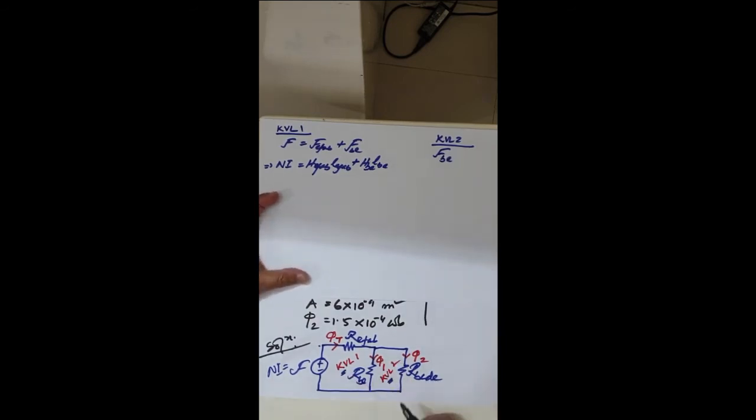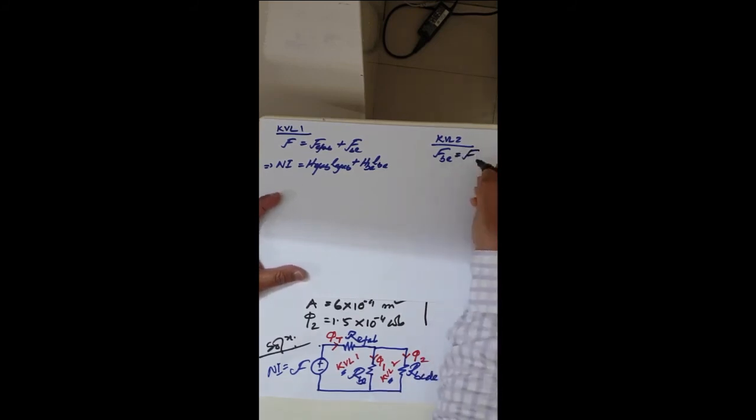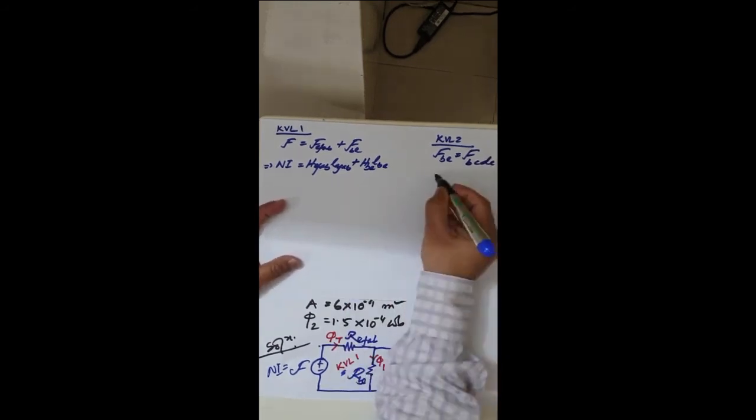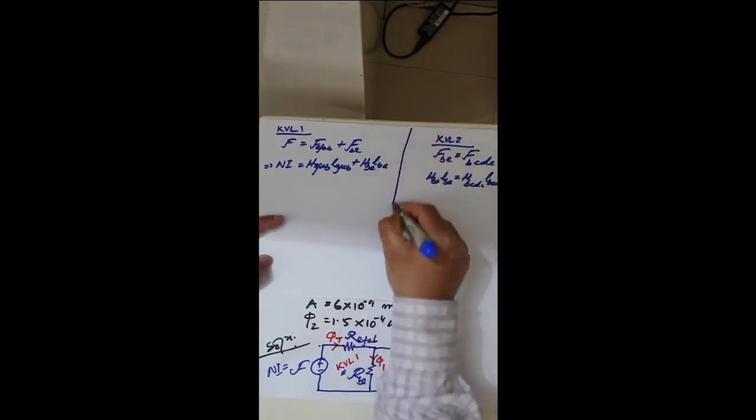So if you go with these things, you can see H_BE L_BE equal to H_BCDE L_BCDE. So these are the two equations you should get from these two KVL.